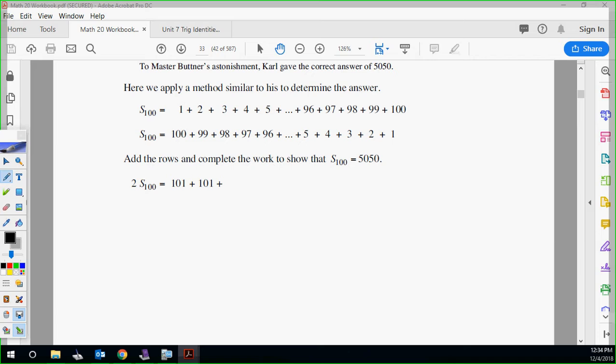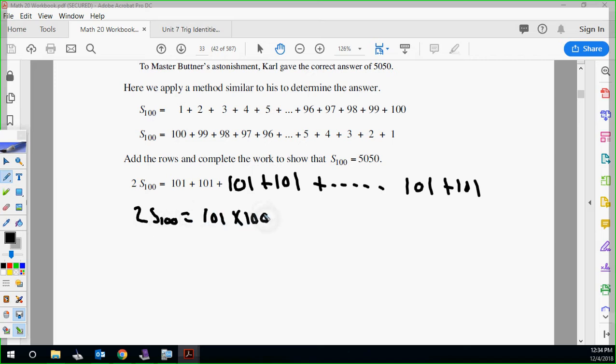Okay, so this is kind of how he came up with the pattern. You see it just keeps going, 101 plus 101 plus dot, dot, dot, just 101s continuously. Essentially, 2 times S of 100 is equal to 101 times 100. When you multiply that, you get 10,100.